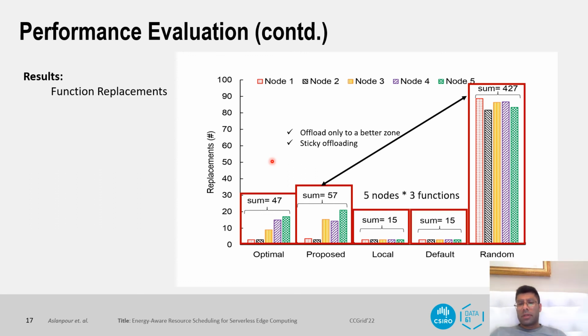The local and default algorithms are giving 15 placements. That means they just place functions once and they don't do any dynamic scheduling of functions.